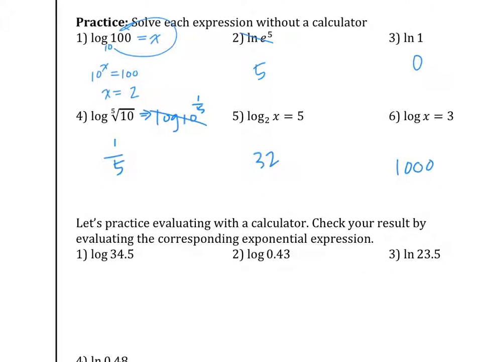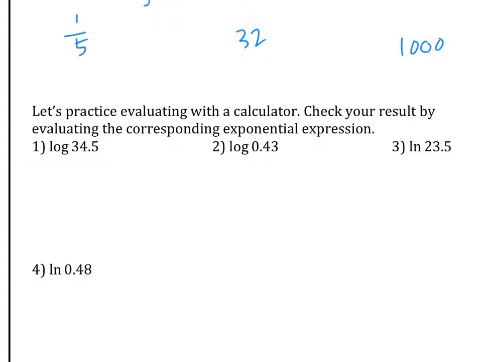Okay, the next thing is just make sure that you know where the buttons are on your calculator. So go ahead and just try them. Sherry, number 1. Okay, number 2, Blake. I got negative. That's right. Negative 0.367.